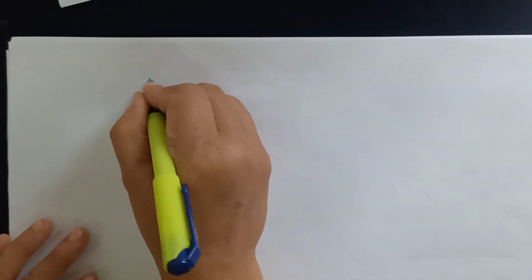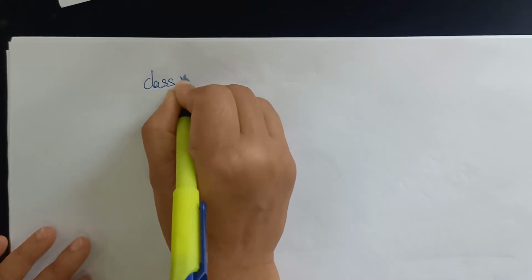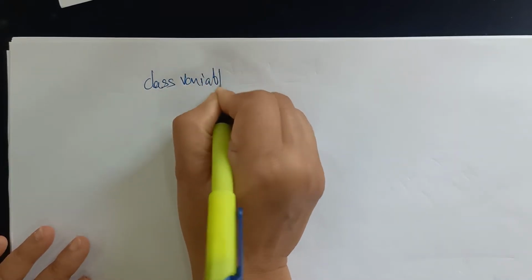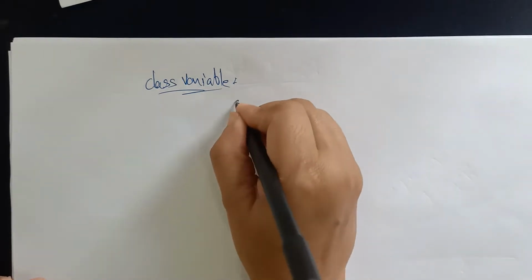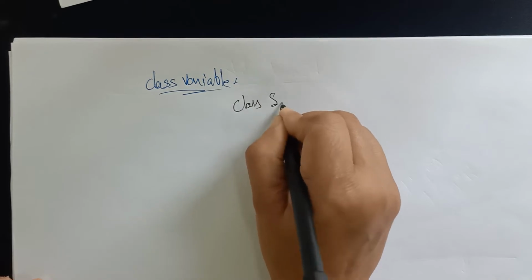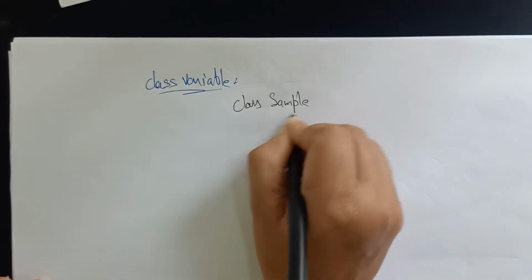So what is a class variable? I already explained. Just recall that concept. Class variable means, suppose this is a class, Sample is my class name.